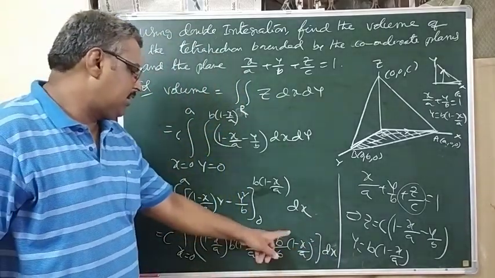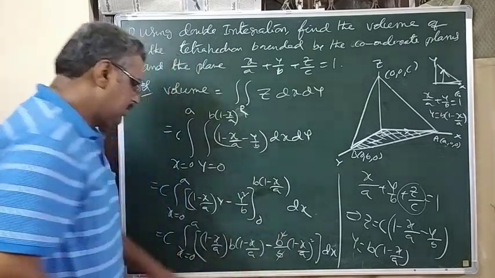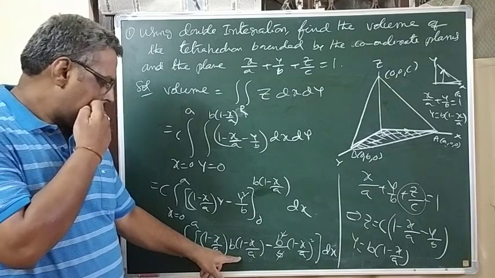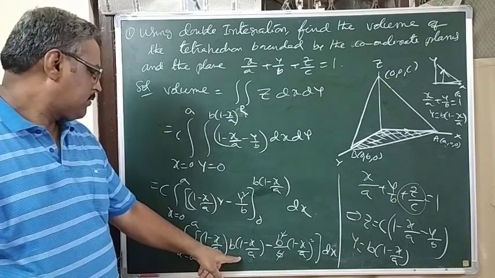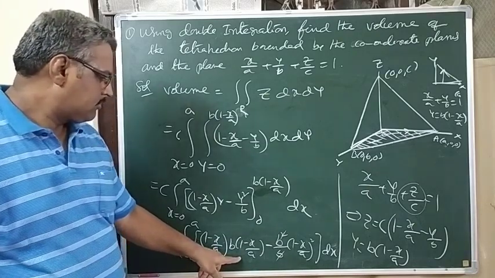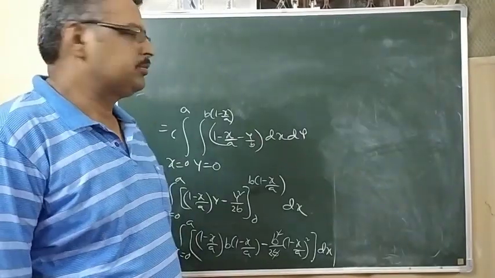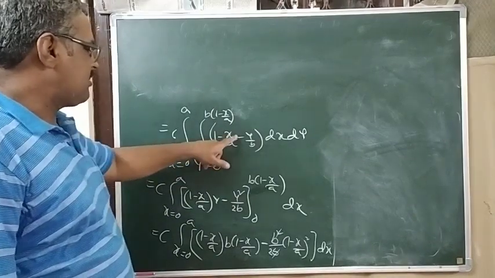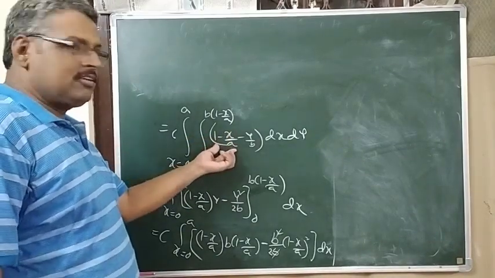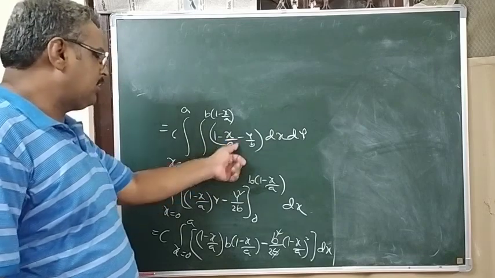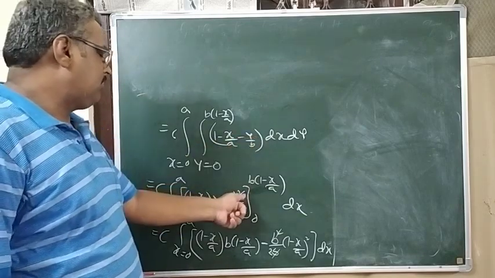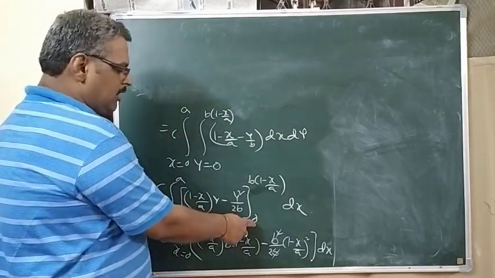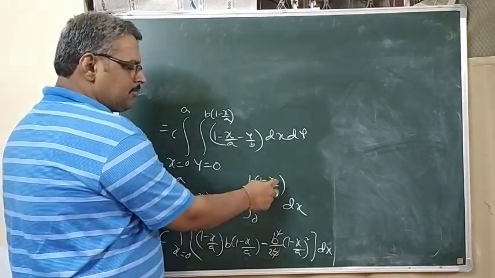Now here b and b cancel. Here b is the common term, and 1 minus x by a whole square. Now I will repeat again. 1 minus x by a is constant if you integrate with respect to y. The integral of y equals y square by 2, into b. Now substitute the limits: the lower limit is 0, the upper limit is b into 1 minus x by a.